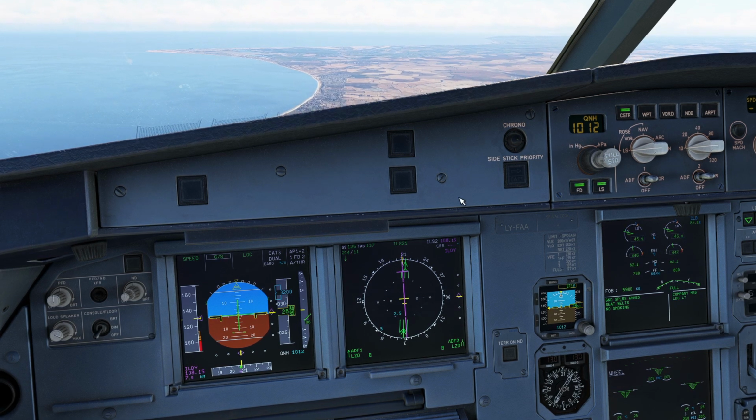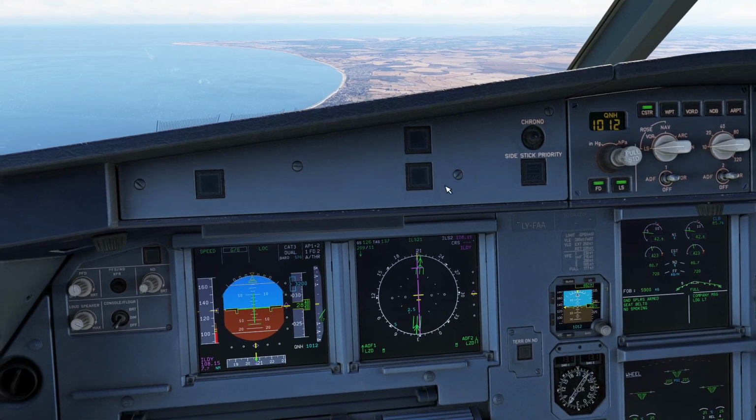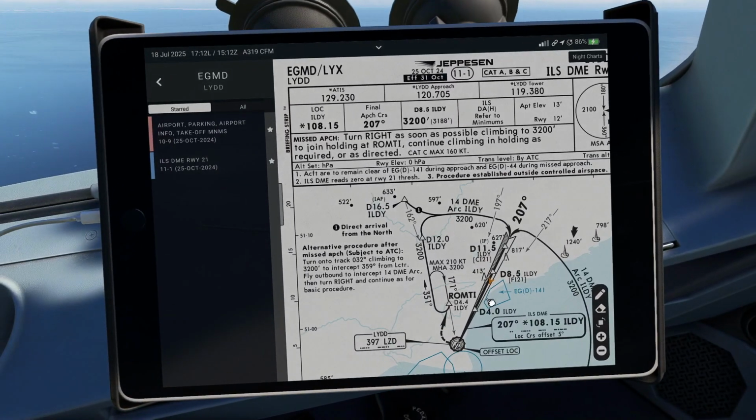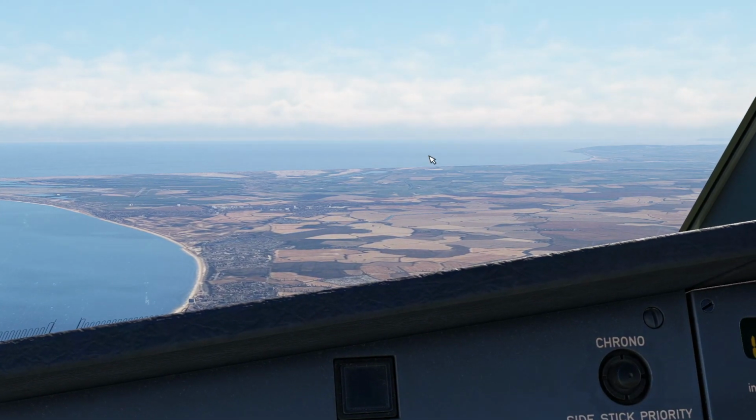GS checked, and you can see that we are on course and just passing the beam of danger area 141. When passing this area, we are able to align with the runway center line, but visually maintain the runway in sight.